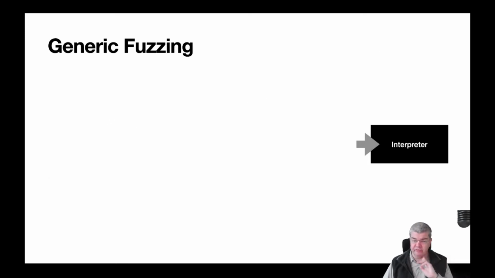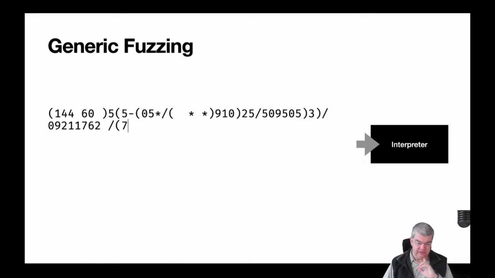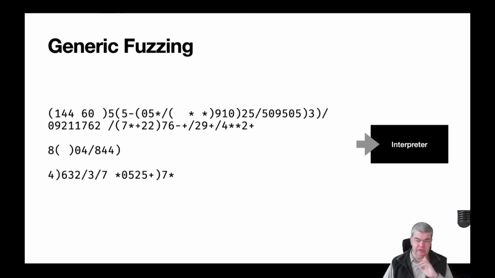So with generic fuzzing, say in Bart Miller's style, where we're simply putting together digits and parentheses and operators, we can surely generate plenty of such inputs. Same goes if we go and mutate things. But the problem is that the largest majority of these inputs will be simply invalid.